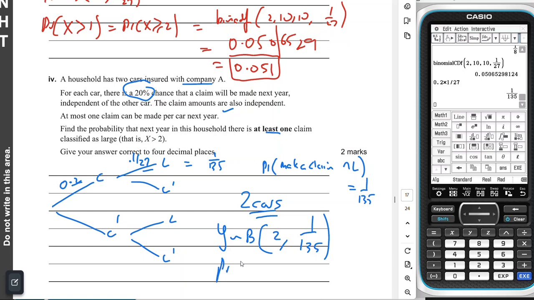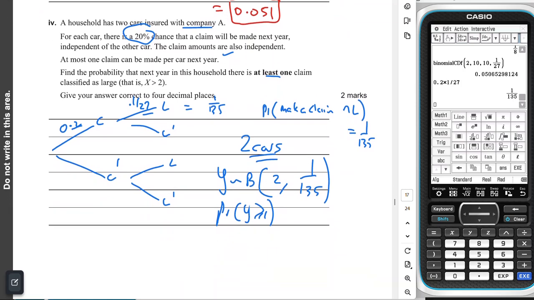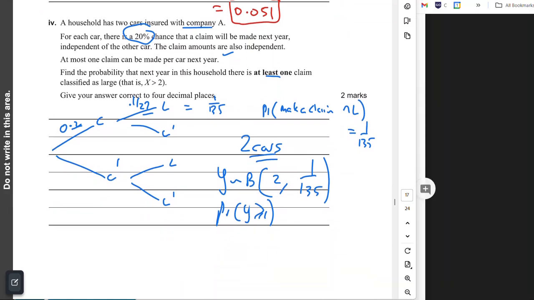And I'm wanting the probability that Y is at least 1. Therefore, I'm looking for binomial CDF 1 to 2, 2, and 1 on 135.